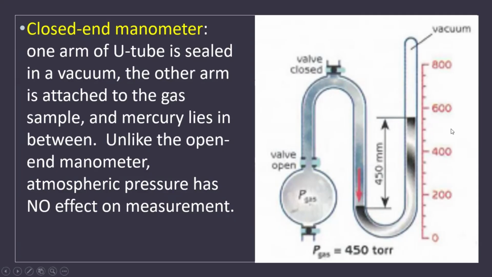So it looks like this one's 550 and this one's 100. So 550 minus 100 is 450 millimeters. So there you have it: it's 450 millimeters of mercury, or 450 torr. So closed-end manometers are really easy for calculating how much pressure the gas has.